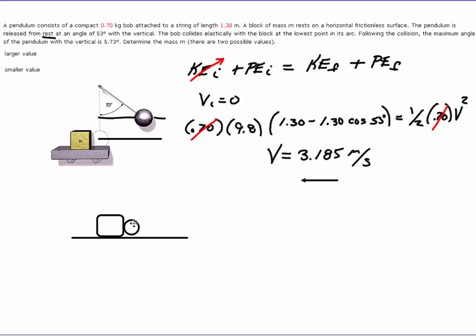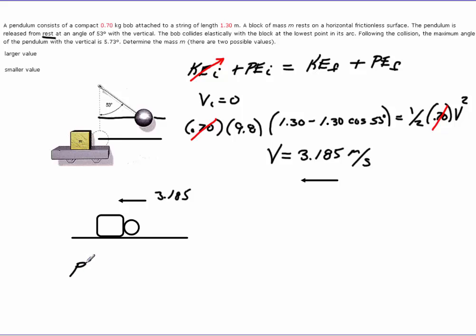So right when it hits, we know the velocity of this mass is going to be 3.185. Okay, so now we can use the conservation of momentum, because that's always going to work in elastic or inelastic conditions.